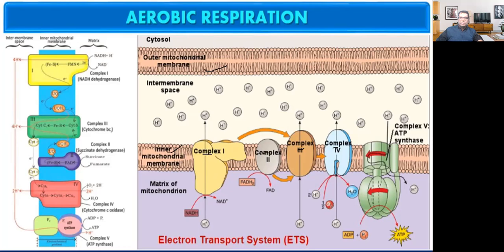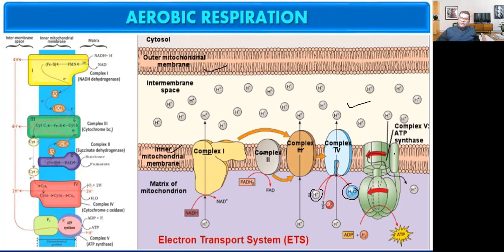Complex 1, ultimately they reach complex 4, and then these hydrogen ions are picked up here. They neutralize the proton, and ultimately water is produced. And then these hydrogen ions, the protons present in the intermembrane space, produce a proton gradient.